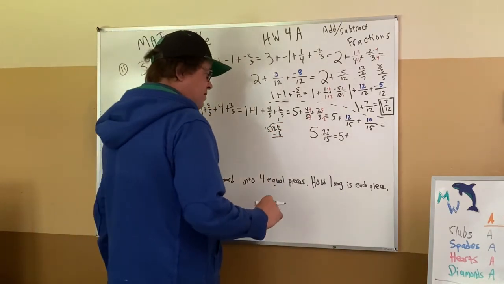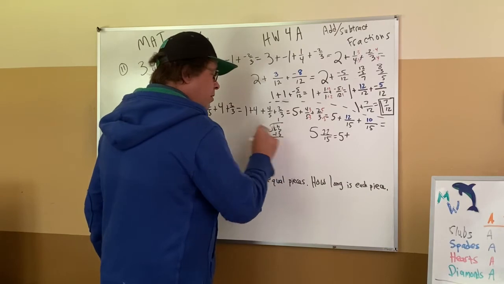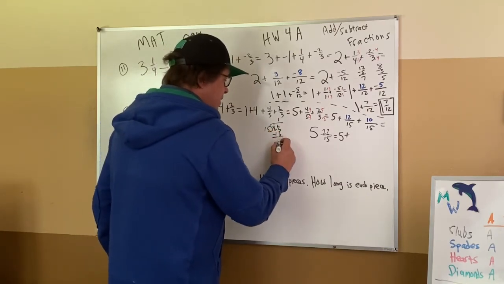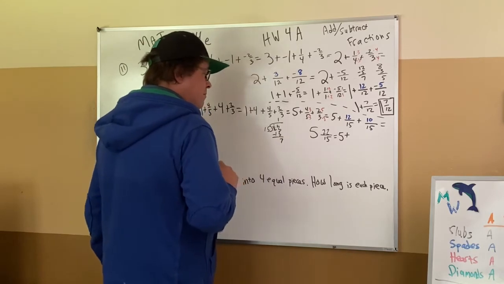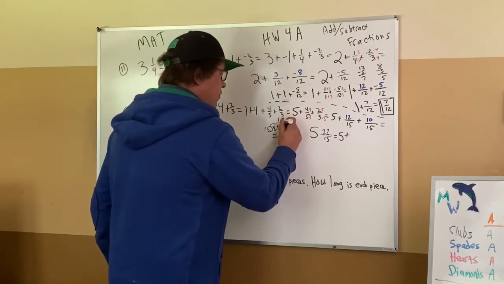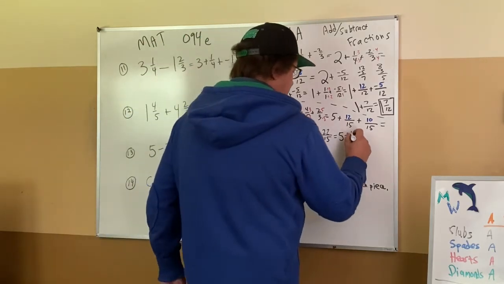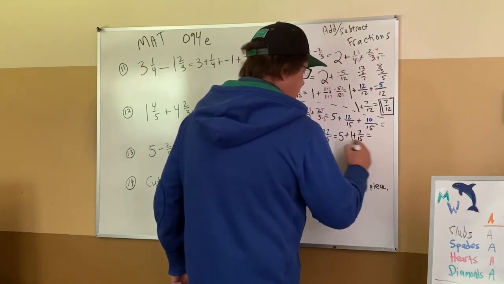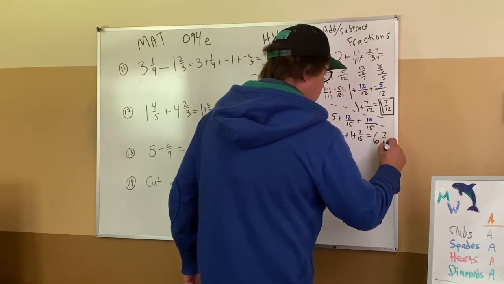If you know it's 7, that's good. But 5 more here makes it into 10. 5 more there makes it 17. 7 minus 0 is going to give me 7. That's my remainder, 7 over 15. So I've got a 1, and I've got a remainder of 7 over 15. 5 and 1 will make 6 with 7 over 15.